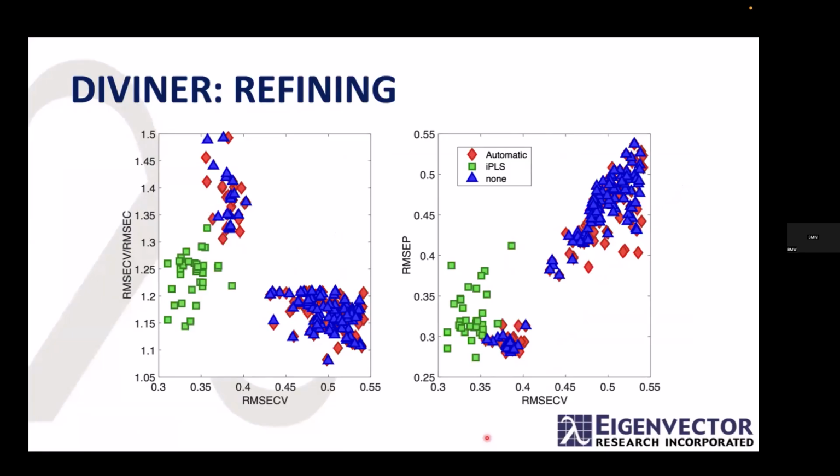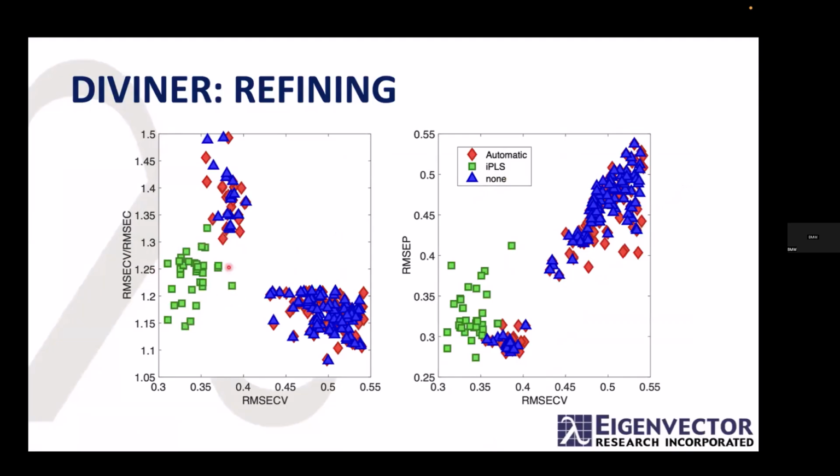You can take some models and then you can start looking at what is working and what is not. So here we're coloring these by whether they've had automated variable selection or IPLS or none. And you see here actually are ones with IPLS.